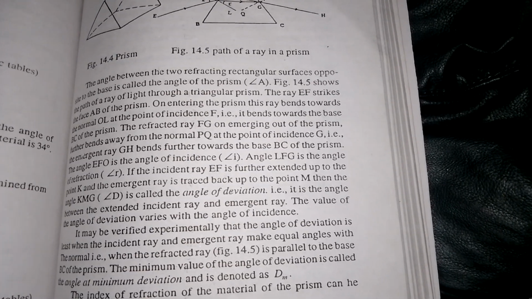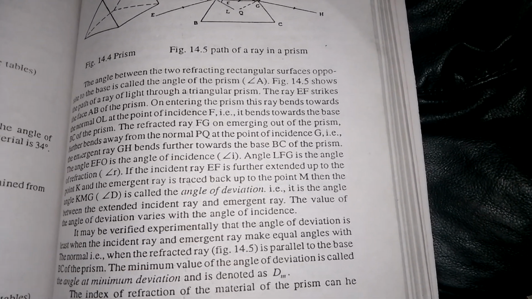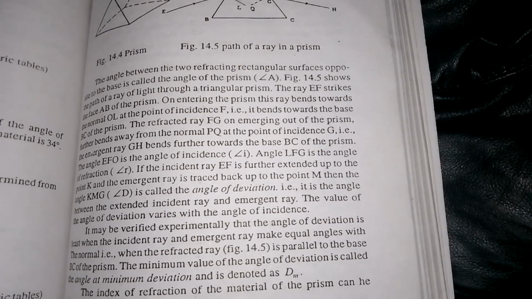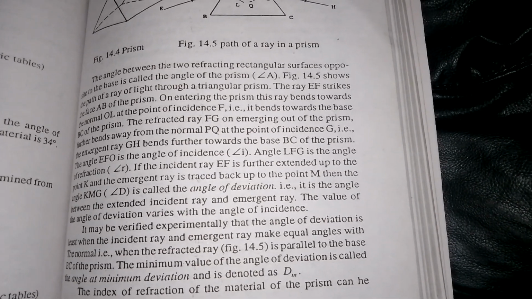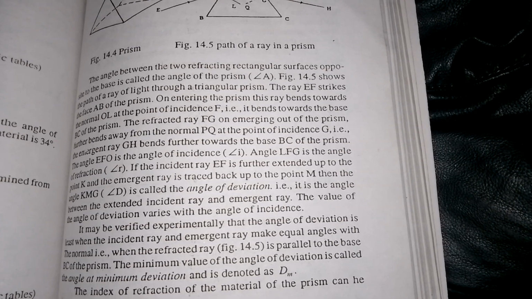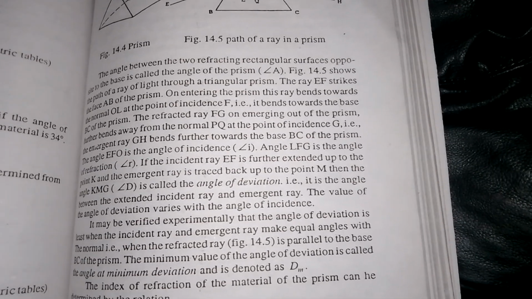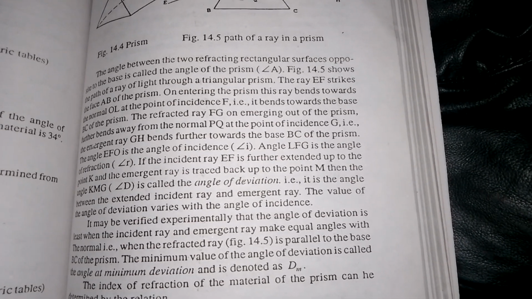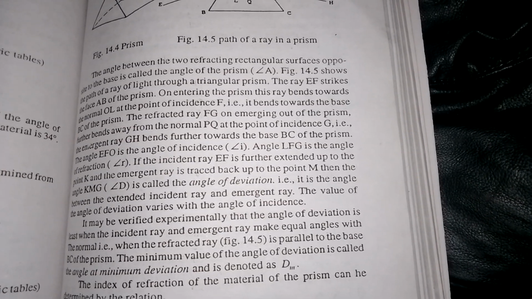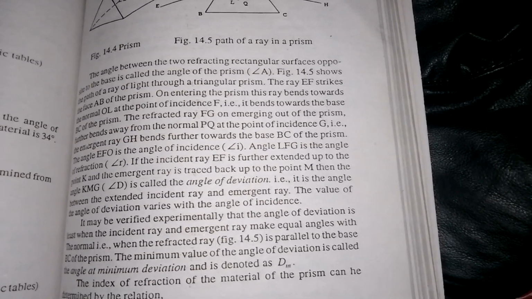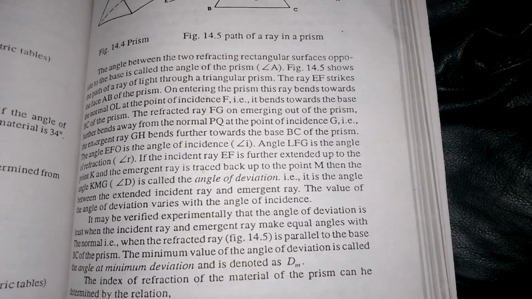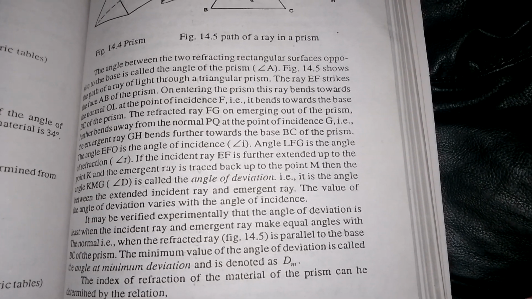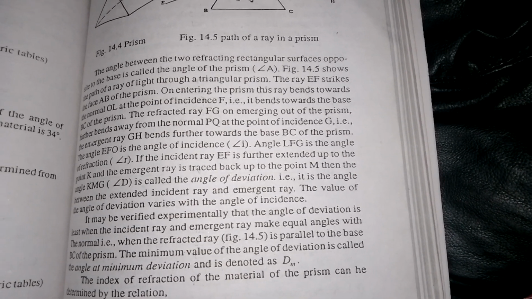The refracted ray FG on emerging out of the prism further bends away from the normal PQ at the point of incidence, that is, the emergent ray GH bends further toward the base BC of the prism. The angle EFO is the angle of incidence, angle LFG is the angle of refraction.